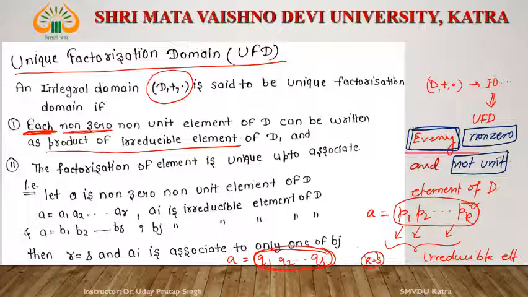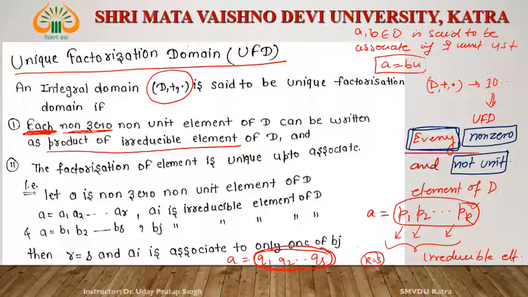We already discussed associates, but let us see it again. Two elements a and b in D are said to be associate if there exists a unit u such that a is equal to bu, and this is denoted as a ~ b.